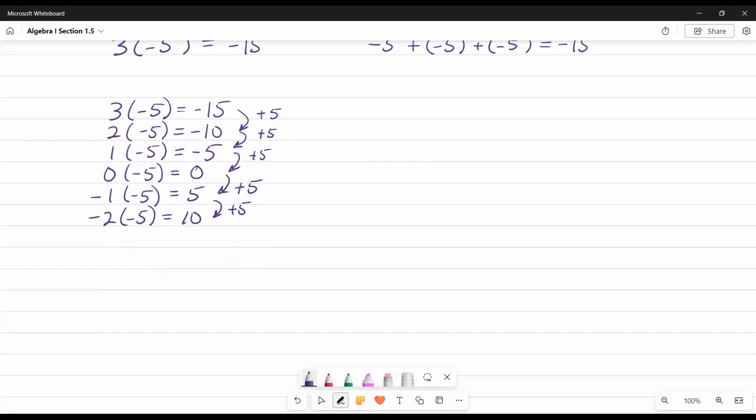So here's the rule. I'm going to put this caveat in here because this is very important.